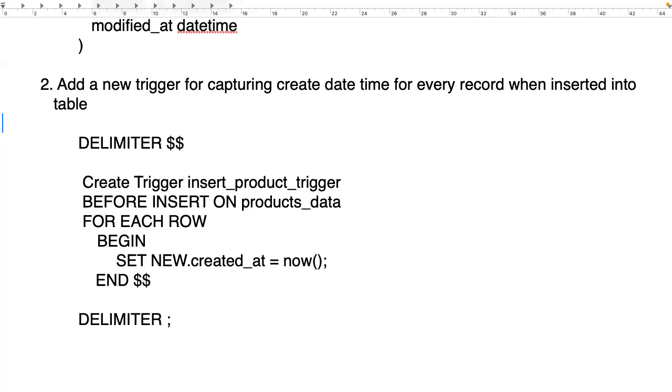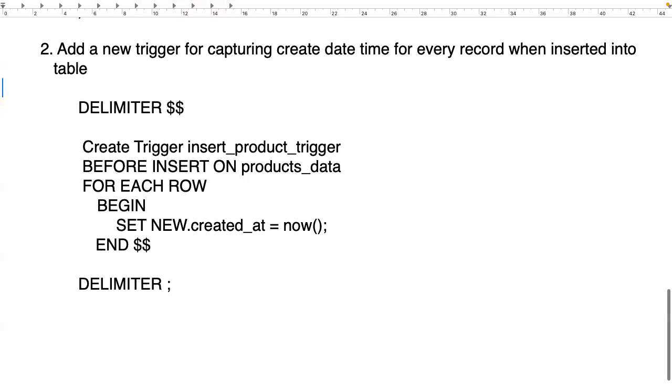Right. So this is one option. You can add so many. For example, so now what you do? So try inserting a new record.